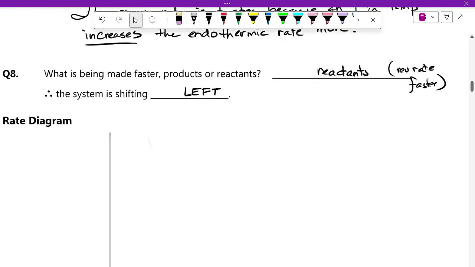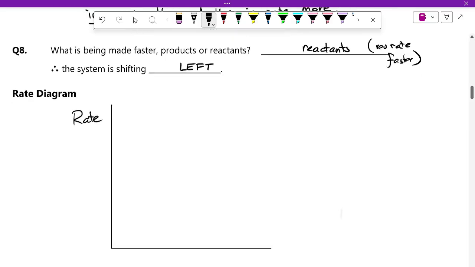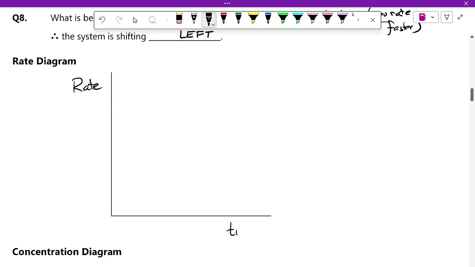And now we can make a rate diagram. What goes on the y-axis in a rate diagram? Rate. Shocking. Okay. And on the x-axis? Time. And of course, we start out with our forward and our reverse rates being equal.